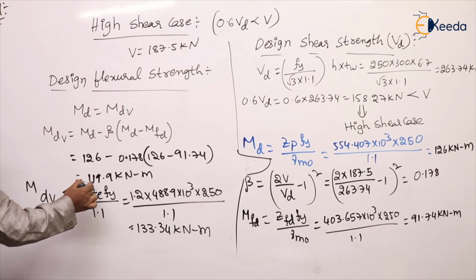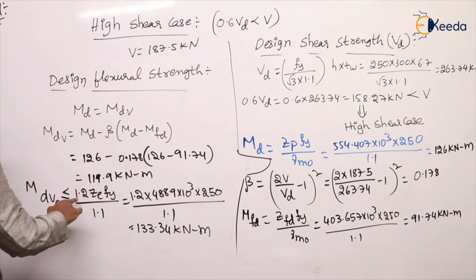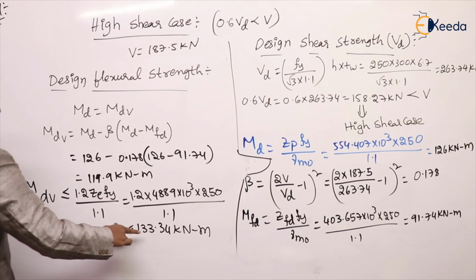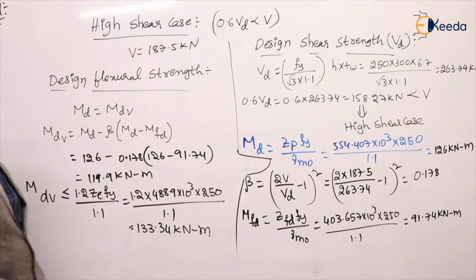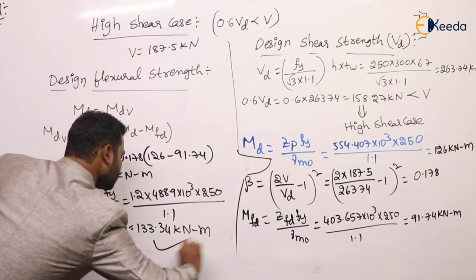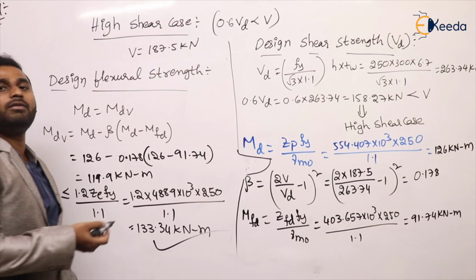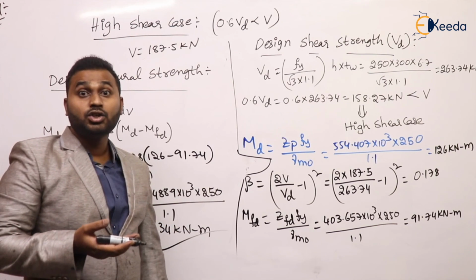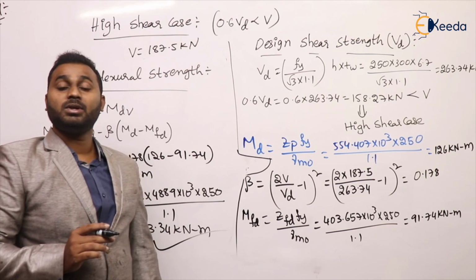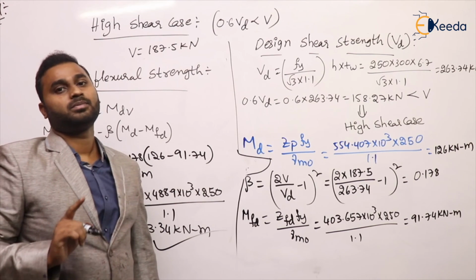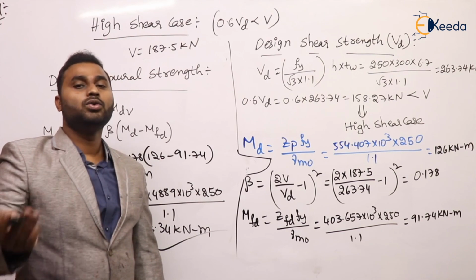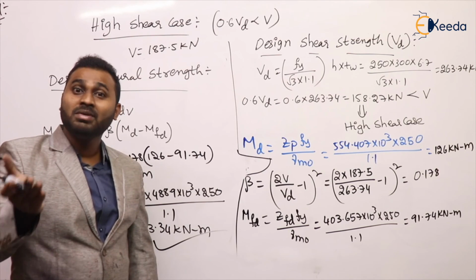Now this MDV is 119.9 and this 1.2 ZE Fy by 1.1 is 133.34. Therefore, this condition is satisfied. And the assumed section, that is ISLB 300, is safe in this I shear, and we can use that ISLB as a beam in I shear case.